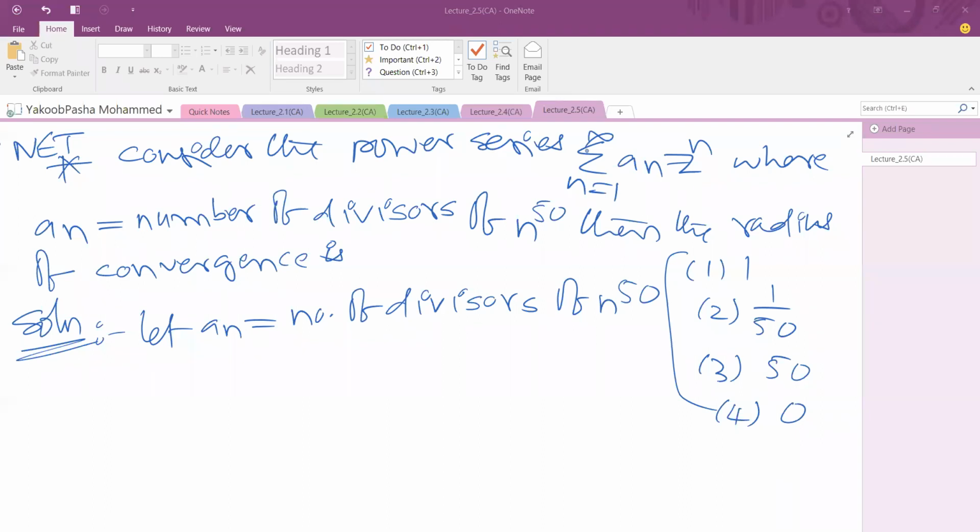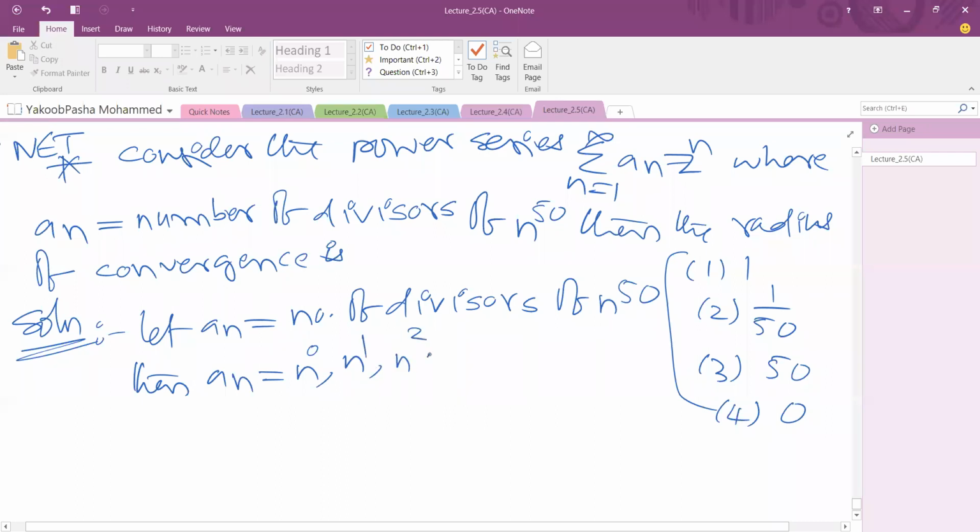Then a_n can be written as n^0, n^1, n^2, n^5, n^10, n^25, and so on; these are the divisors of n^50. But this is not the criterion.